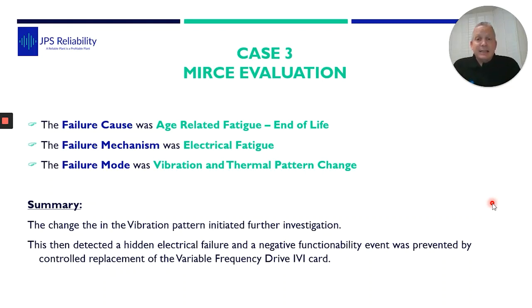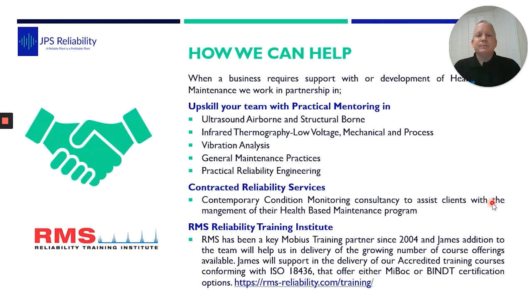So again, a negative functionability event where secondary damage could have occurred, which then would have cost production, could have caused a motor winding burnout, was averted. And in a controlled manner, they changed the IVI card and it's back up and running. So that's another good example of finding the defect, investigating, using more than one technology and fixing the problem.